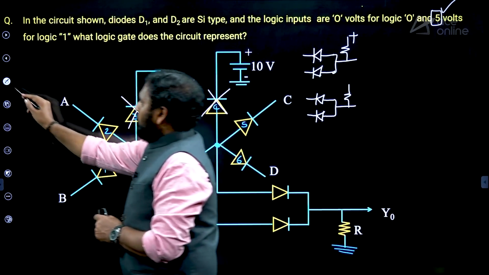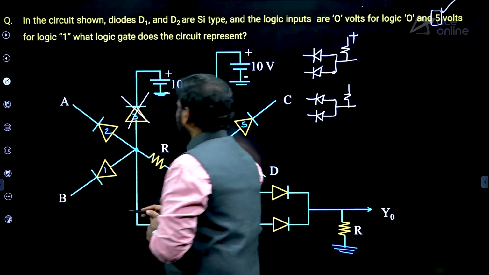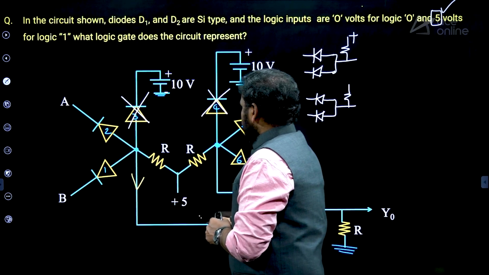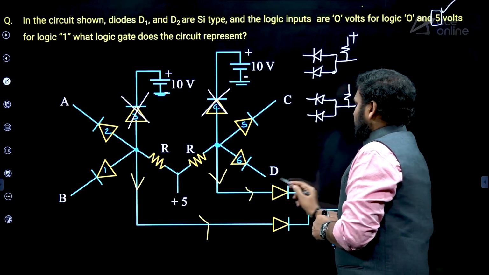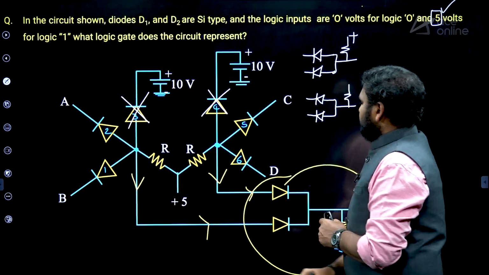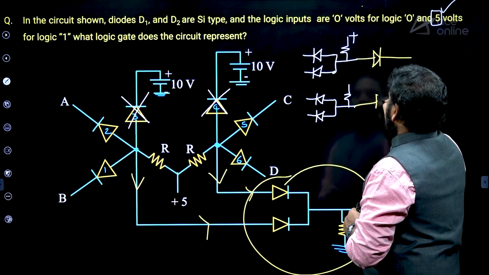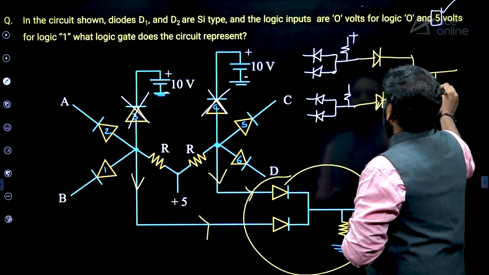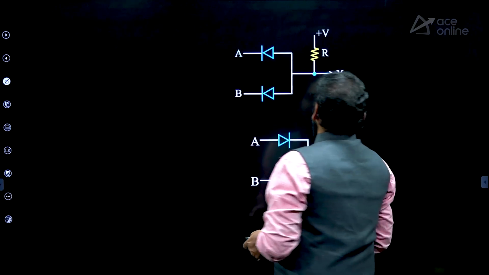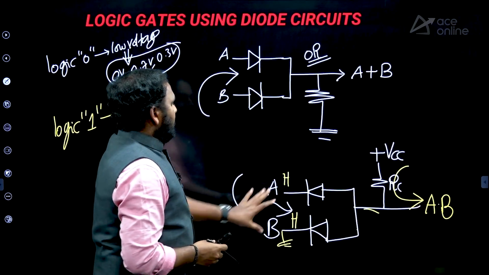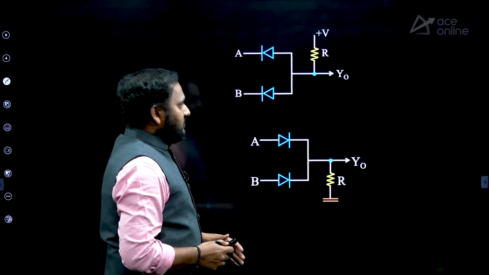And from the same node, you see the common node, guys. See, this is another circuit. So you know already, this is an AND gate and this is an OR gate.